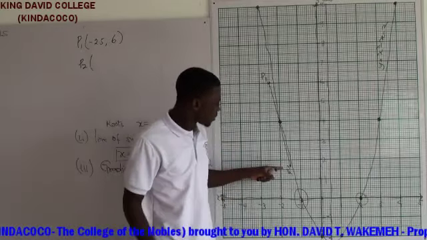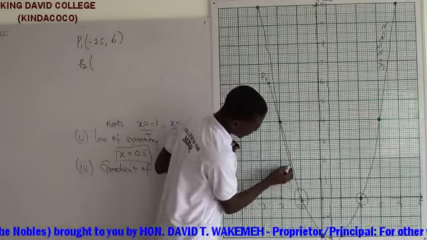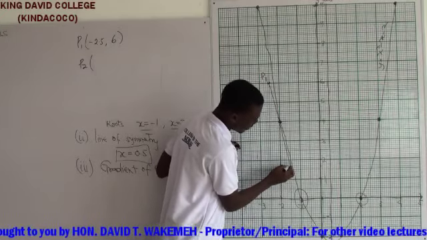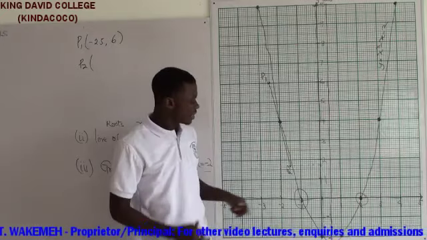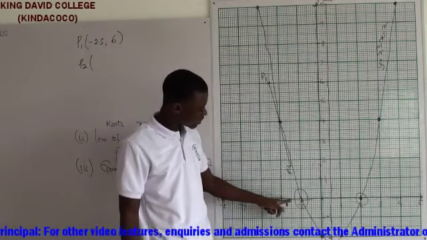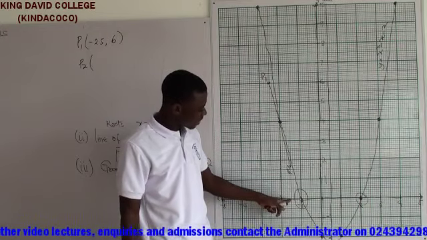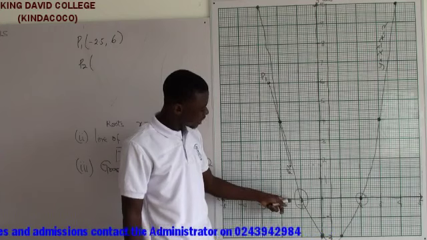When I pick point 2 as well, I'll read the x value, and I read the y value of this. Right. So the x value here is going to be minus 1.5, right?